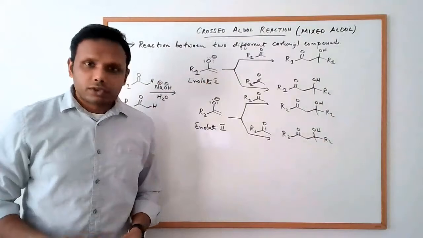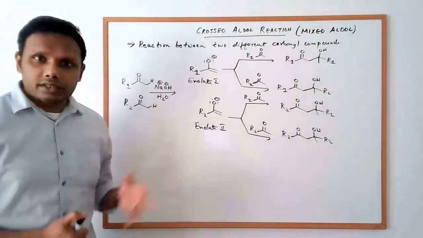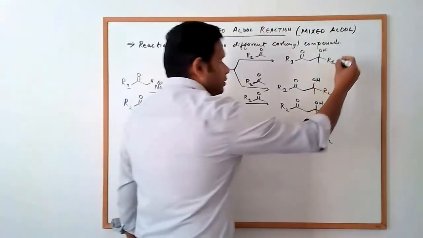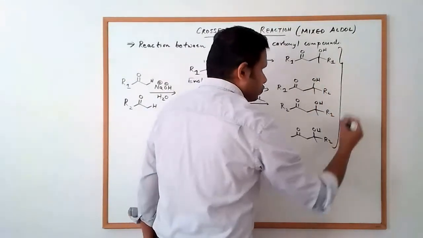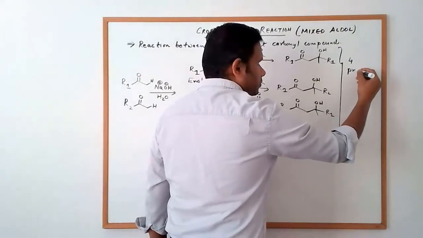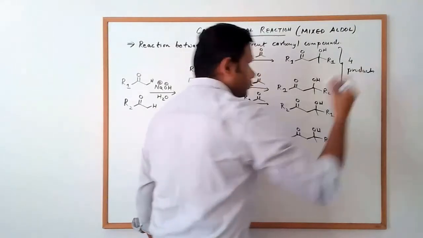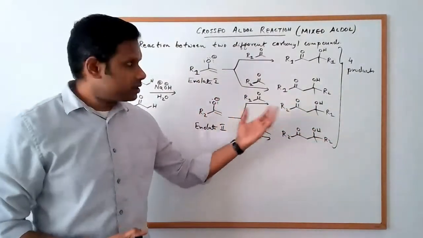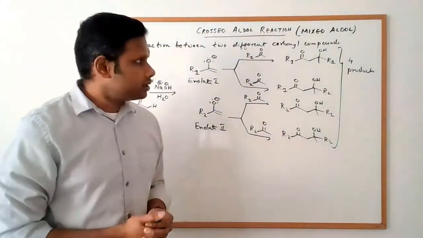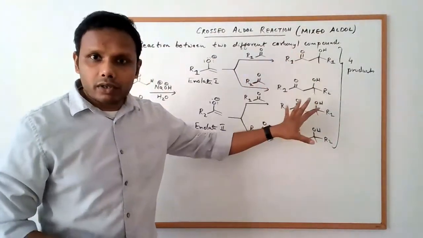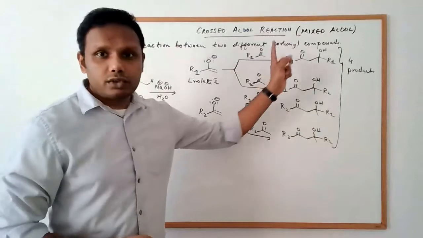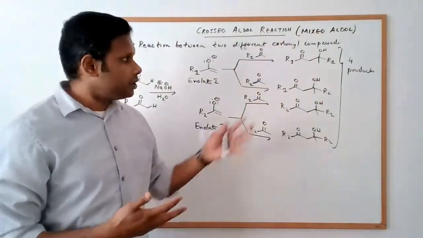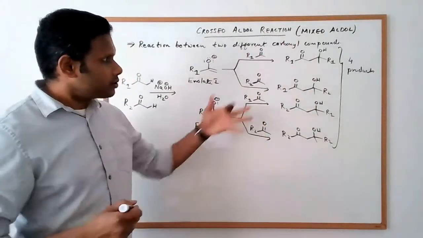What you notice here is that in such a situation, in principle, we are going to have 4 products. And if we do this reaction with heating, or slightly forcing conditions, then all 4 of these products can in principle convert to their corresponding alpha beta unsaturated ketones or carbonyl compounds.